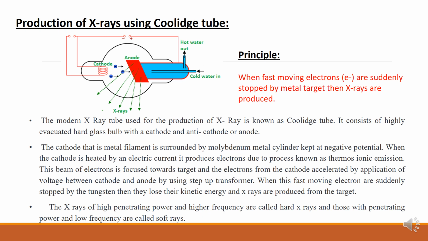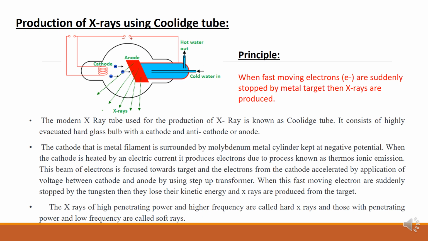The cathode is attached to a battery and to a step up transformer. Above the anode, a cooling system is attached to cool the anode, and the anode used has a high melting point and high atomic number.